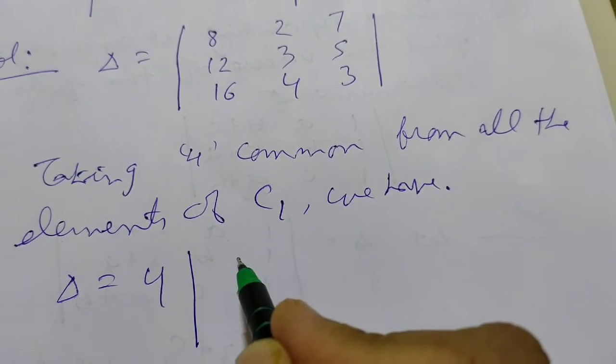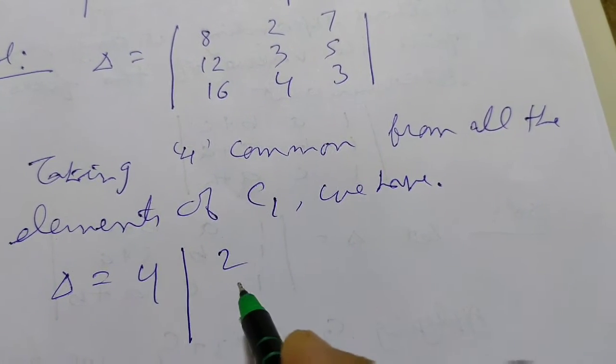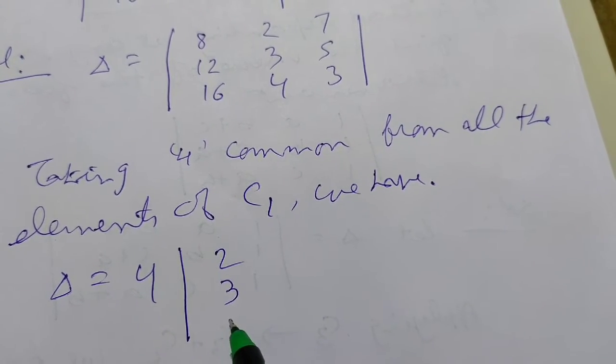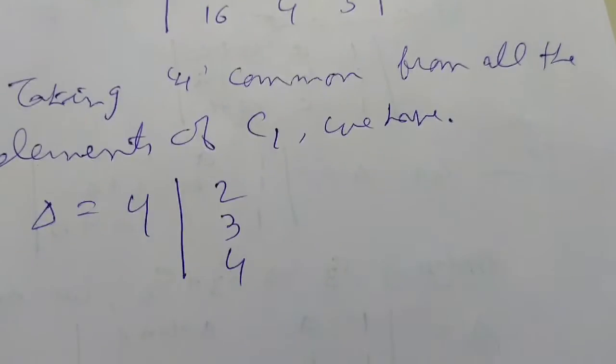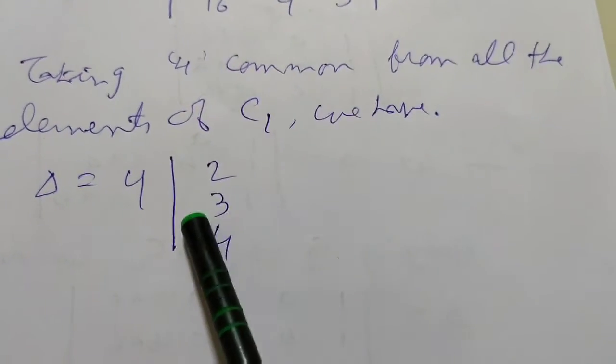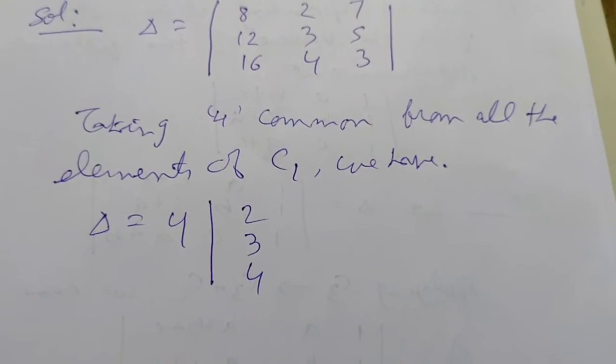The 4 will come outside, this will become 2, this will become 3 because 4 into 3 is 12, and this will become 4. So we have 4 outside, and 2, 3 and 4. This has become our column 1.